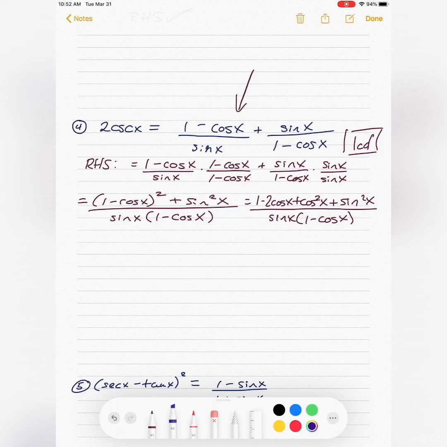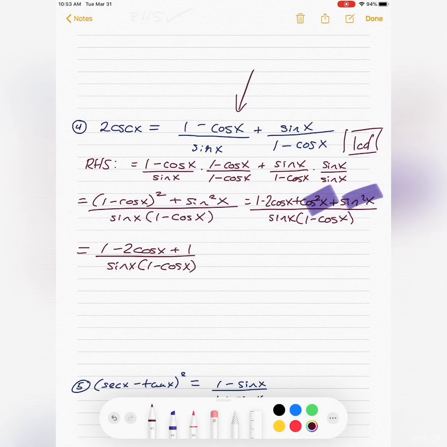Okay, what do I notice? So look at that. Cosine squared plus sine squared again. So that turns into a 1. So what is that? A 2 minus a 2 cosine over a sine, 1 minus a cosine. I see a GCF of 2.